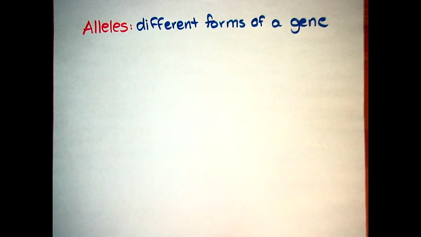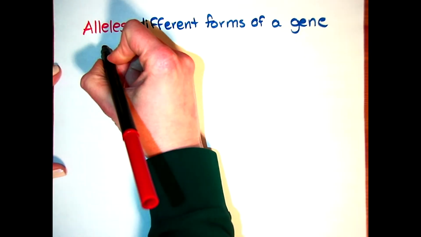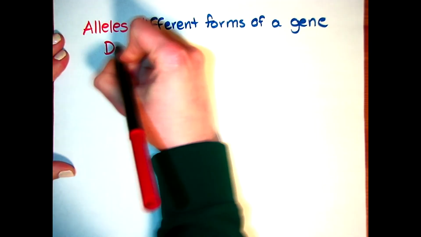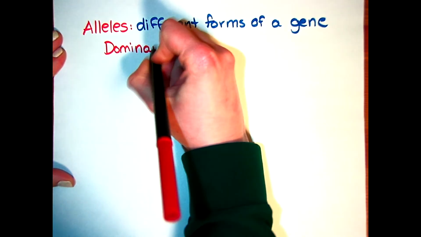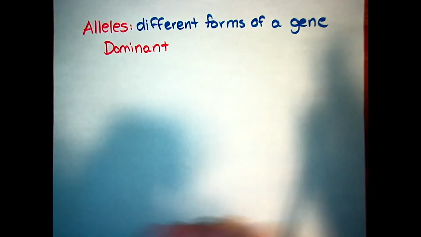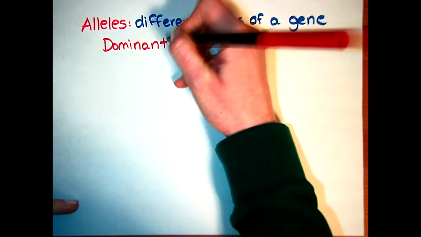Now, overall, you can have 2 different kinds of alleles. And we started using this term a little bit with Mendel. So the first kind of allele you can have is a dominant allele. If an allele is dominant, that means that this is a trait that always shows up.